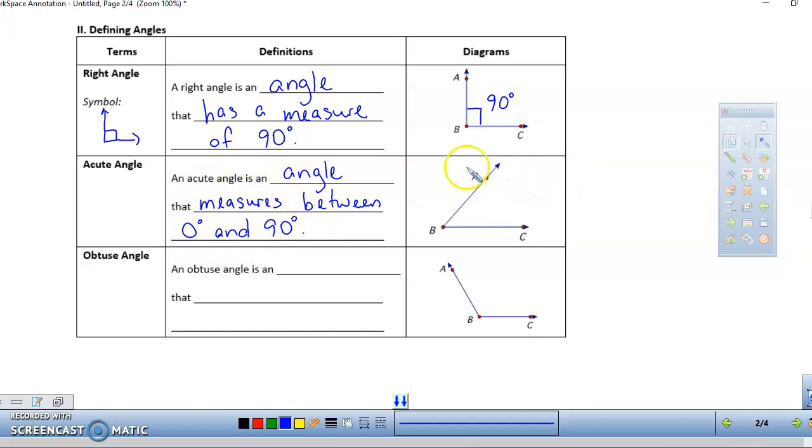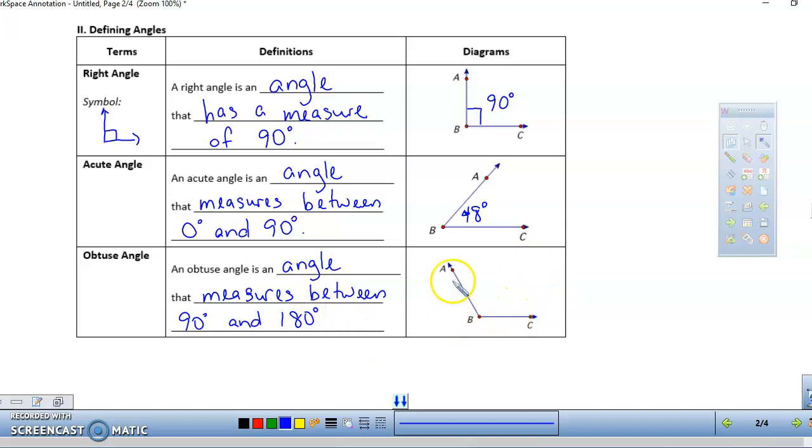Okay, in a picture, you may not assume that an angle is acute, unless you know what the actual measure of it is. Let's say this is 48 degrees. Therefore, we can conclude that this is an acute angle. Next, an obtuse angle is an angle that measures between 90 degrees and 180 degrees.